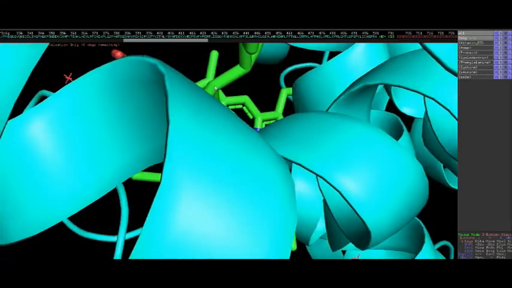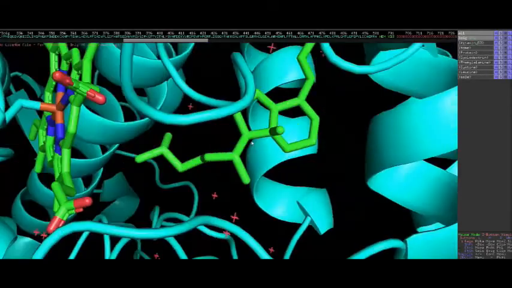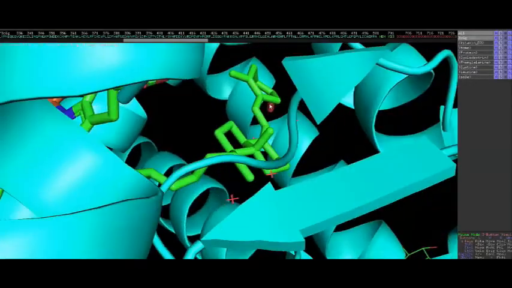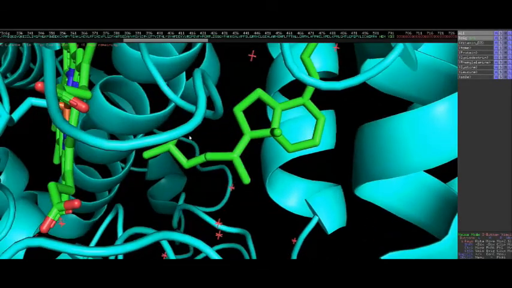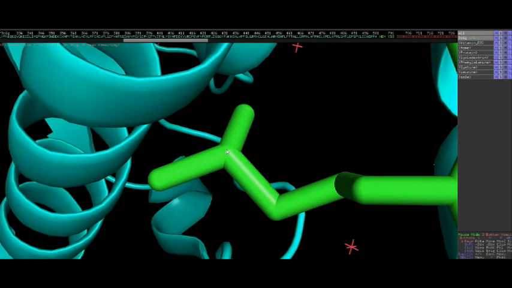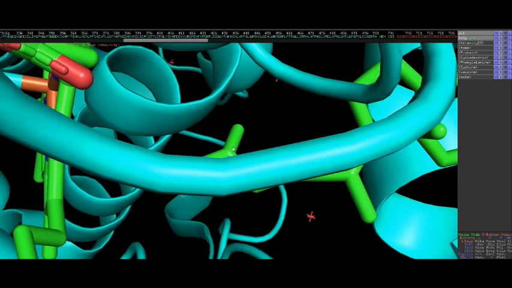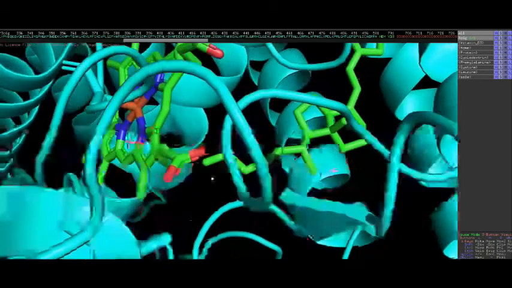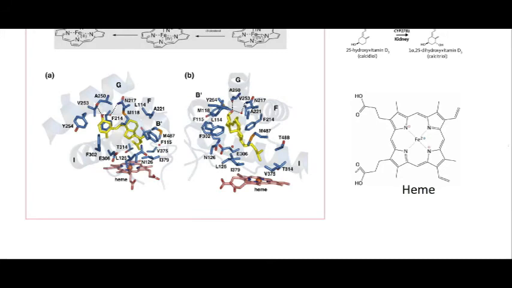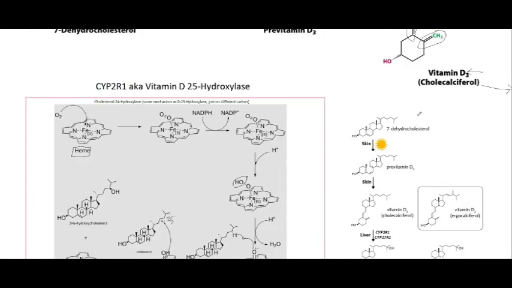We can look up here. This looks like it's an analog molecule, but we can see that this carbon here is analogous to the 25th carbon on our vitamin D3, excuse me, on our calciferol.